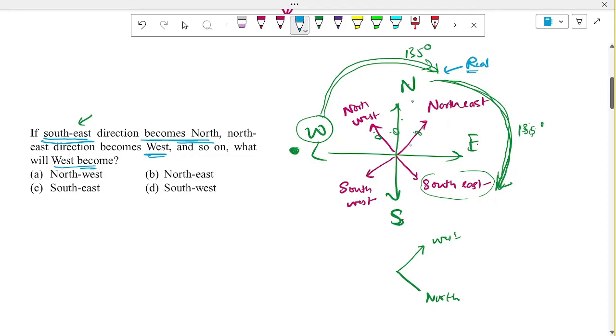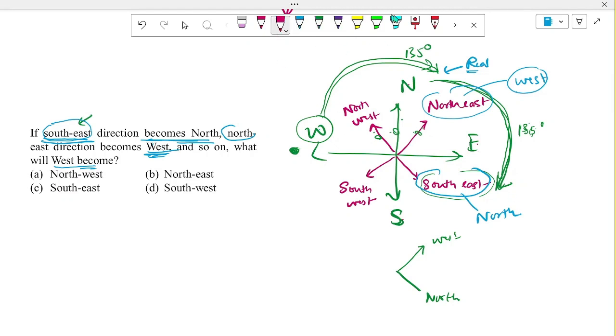West goes in the northeast. Means northeast becomes west. This has become west. And in the first case, they have told southeast becomes north. The southeast has become north. So find how many directions it has jumped.